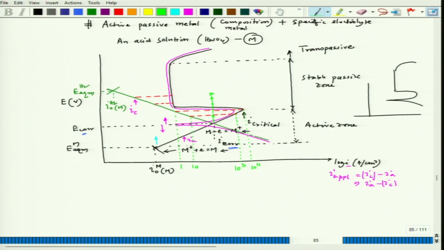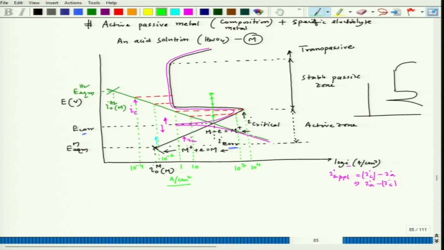This value corresponds to, let us say, 10. Okay. Like that way, if we keep moving on, and this value corresponds to, let us say, 10 to the power minus 2. This value corresponds to 10 to the power minus 4, and this is in ampere per centimeter square.